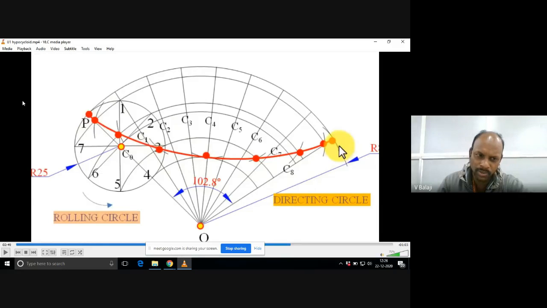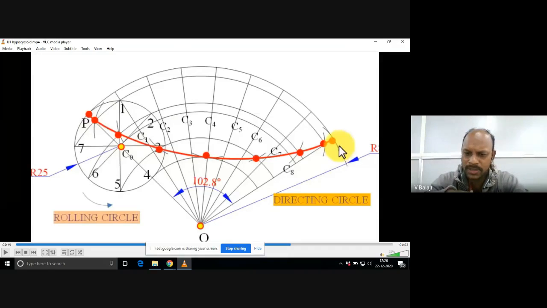Epi means above the curved path. And cycloid, the simple cycloid, is on the horizontal straight path. So according to the path, the point takes different positions and traces different curves.